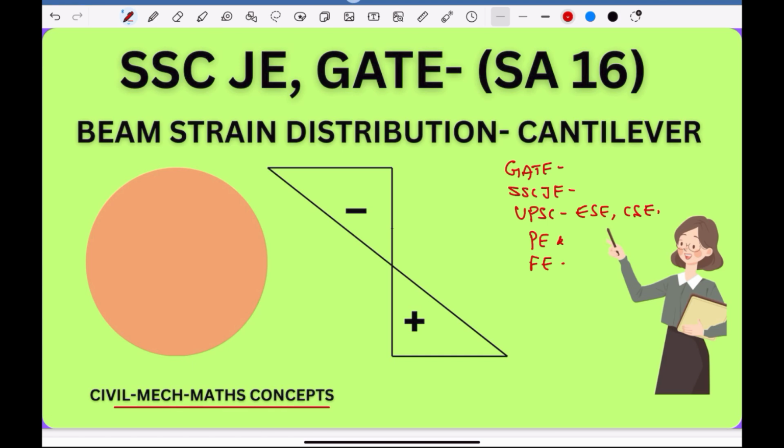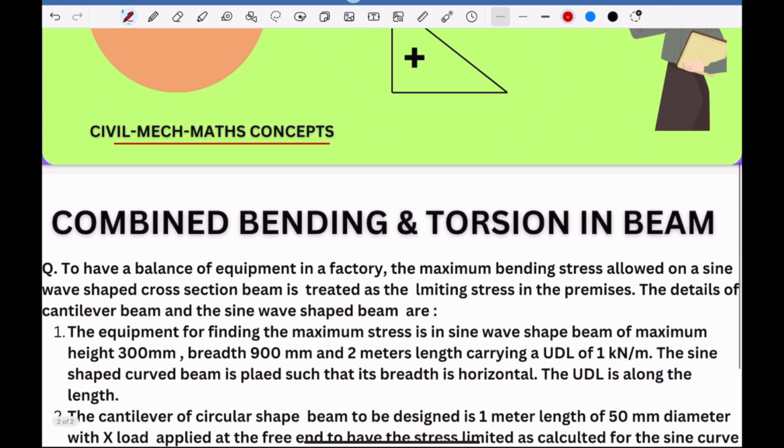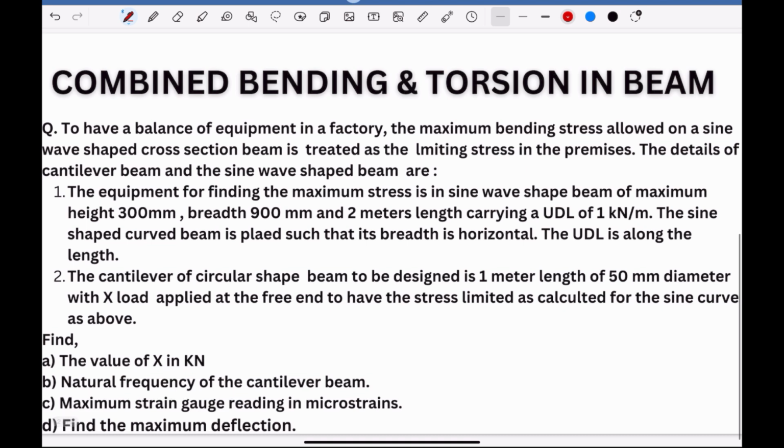I have taken a very good example for the last 5-6 videos, and that example is this one: combined bending and torsion in a beam. The question is to have a balance of equipment in a factory. The maximum bending stress allowed in a sine wave shaped cross section beam is treated as the limiting stress in the premises.